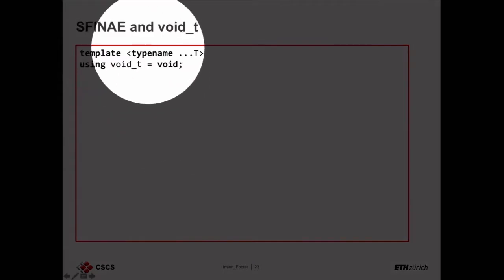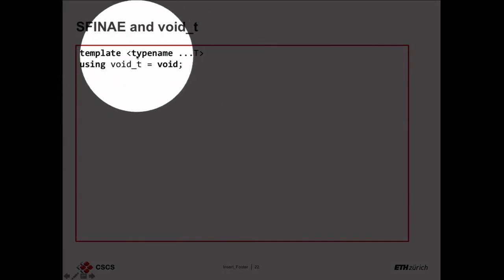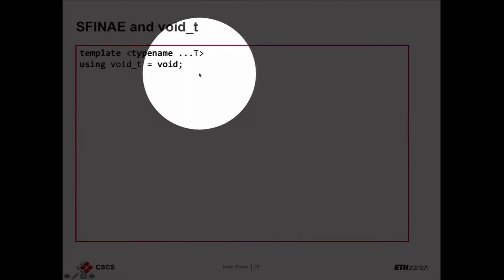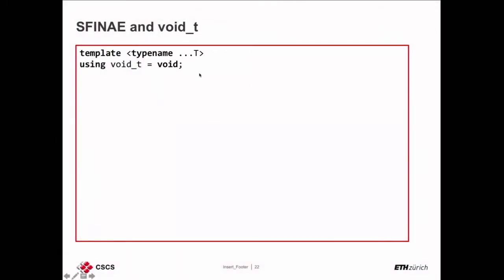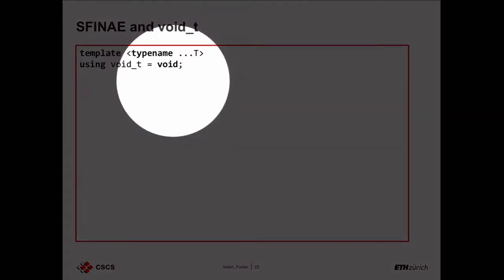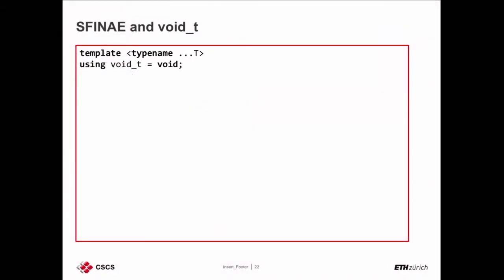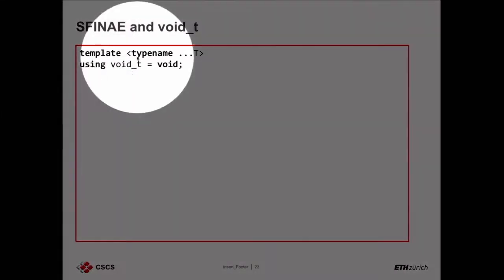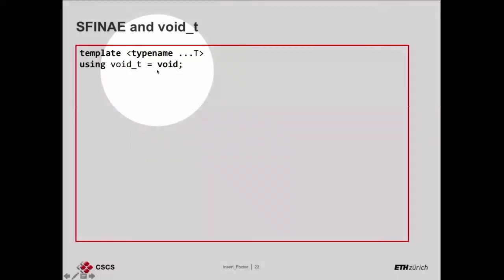So this is a variadic template list. This is a template that takes an arbitrary number of types. You can write void_t of double, float, char, class A, whatever, right? And all these types will be just expanded in a list of types. And then this void_t will be just void.